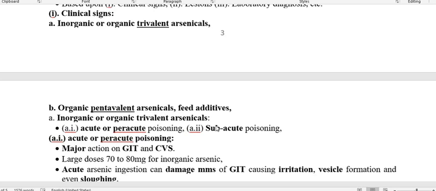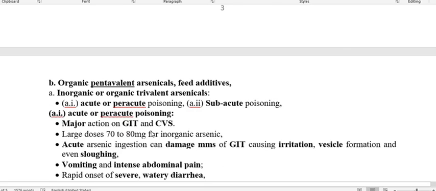In acute and peracute poisoning with the trivalent arsenical, the animal usually dies within 24 hours, or hardly more than one day.